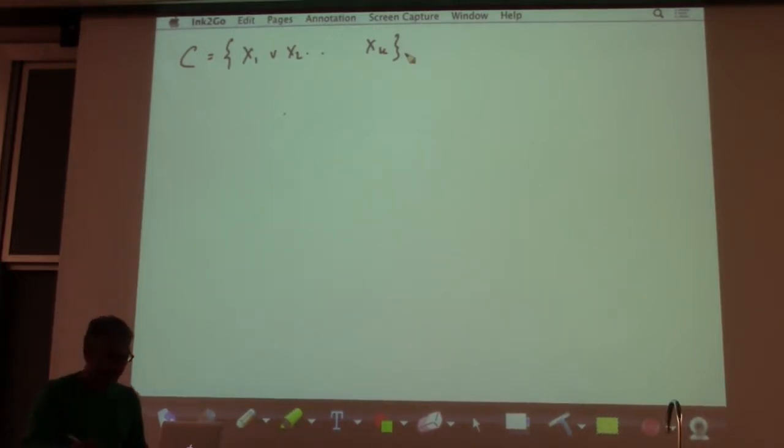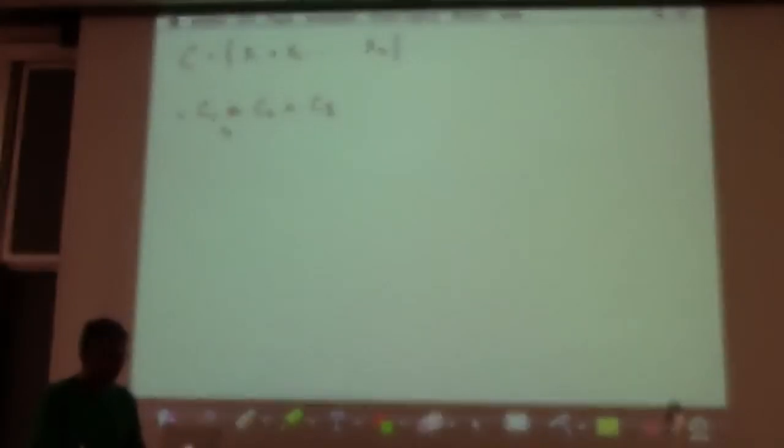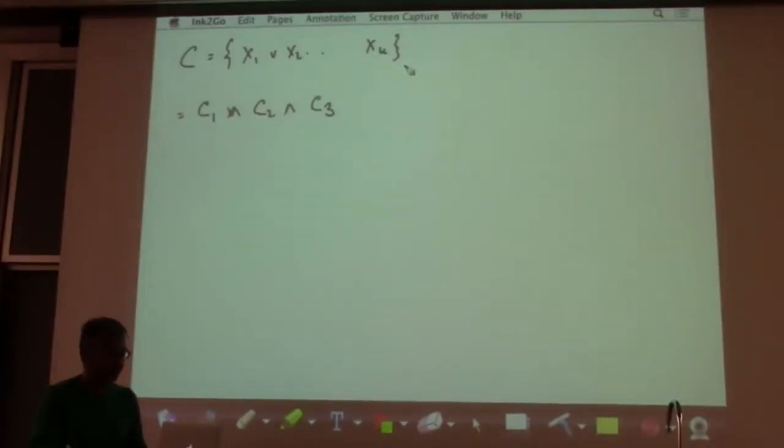If there are k of them, I rewrite it as c1 or c2 or c3. For example, this is equal to x1 or x2 or x3 or x4 or x5.